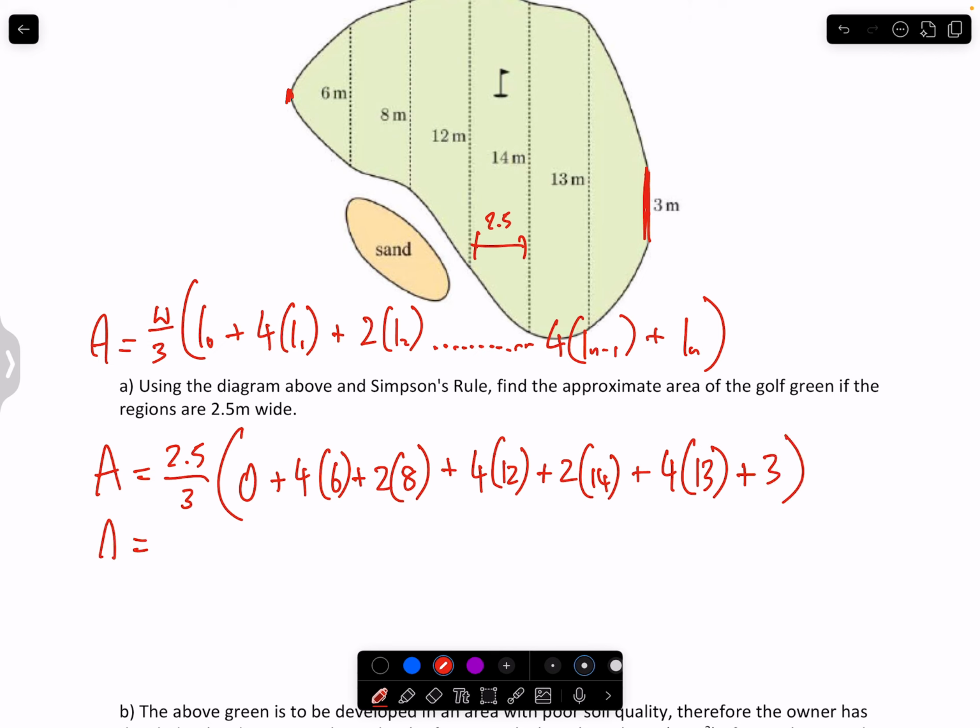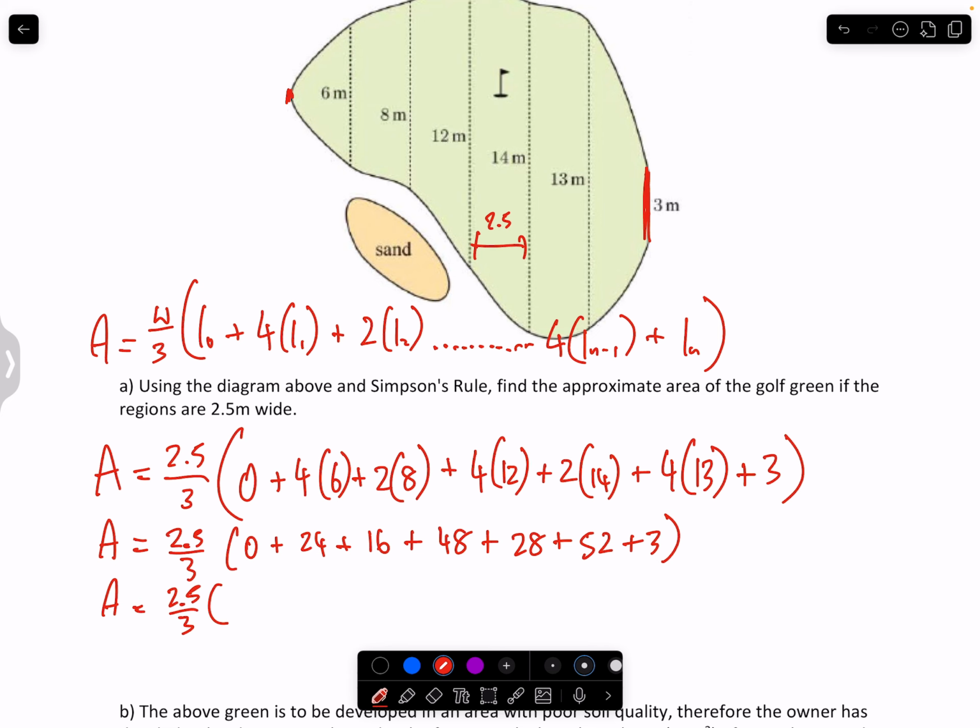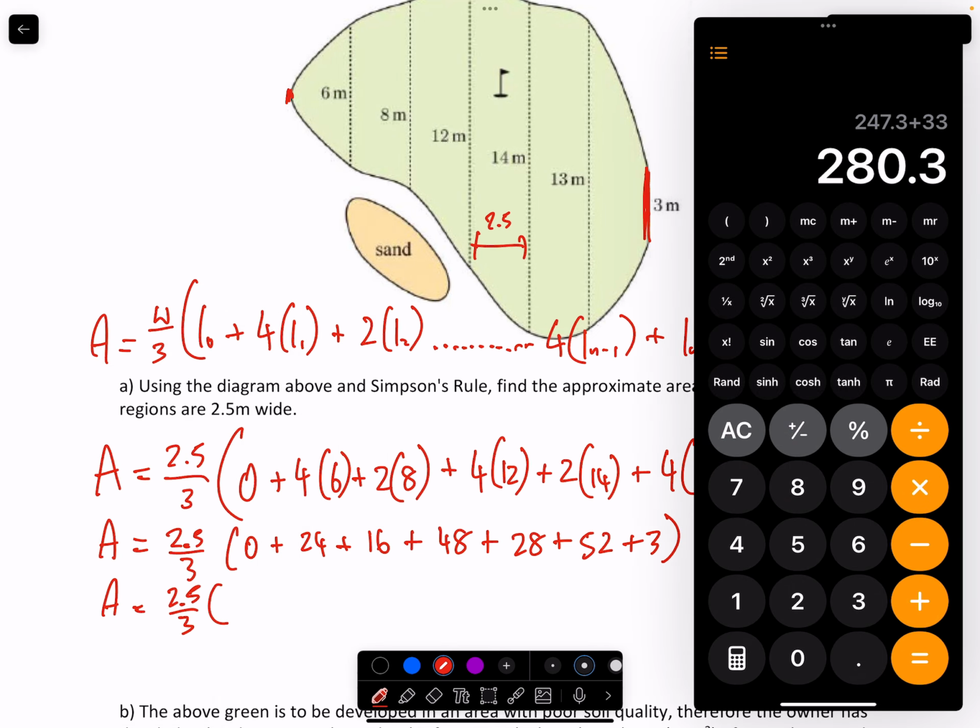So I'm going to leave the 2.5 over 3. You've got 0 plus 4 lots of 6 is 24, plus 16, plus 48, plus 28, plus 4 times 13 is 52, plus 3. A equals 2.5 over 3 times 0 plus 24 plus 16 plus 48 plus 28 plus 52 plus 3.